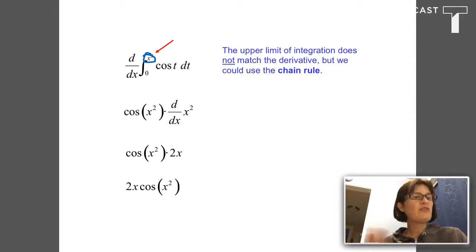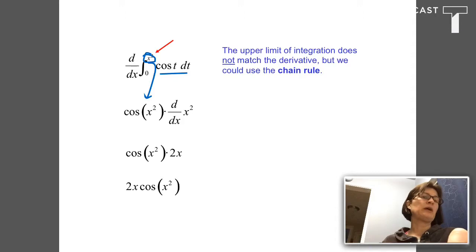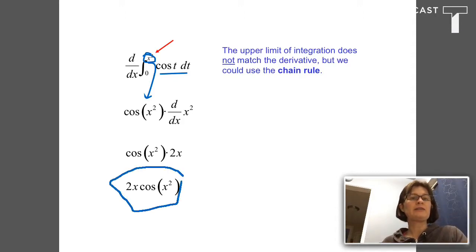We can finish this problem using the first part of the fundamental theorem of calculus, and then using the chain rule. So take that integrand, replace all the t's with whatever the upper limit is. So cosine t becomes cosine of x squared, and multiply by the derivative of x squared, which we know is 2x. There's your final answer.